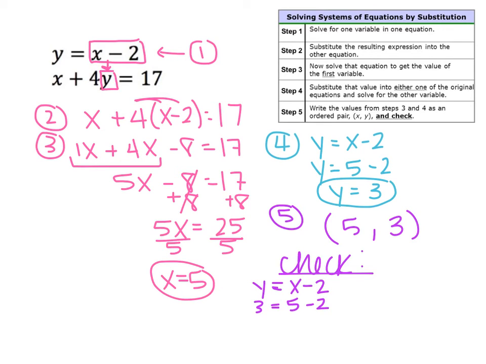Is that true? Is 5 minus 2 3? Yup, it is. And the second equation, x plus 4y equals 17. So 5 plus 4 times 3 is supposed to equal 17. Does it? Well, 4 times 3 is 12, and 12 plus 5 is 17.